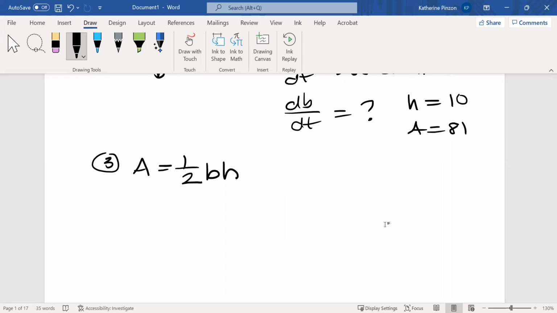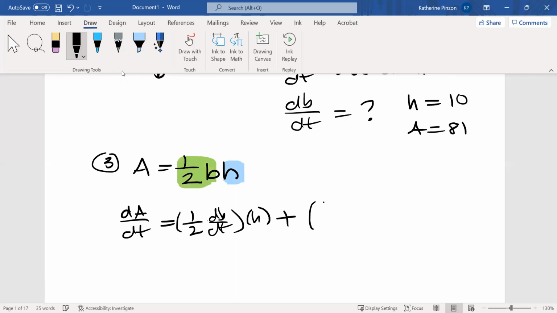The product rule, because b and h are both changing with respect to t. So dA dt is, I'm going to make this function f and this function g, the derivative of f is 1/2 dB dt times h plus 1/2 b times dH dt.